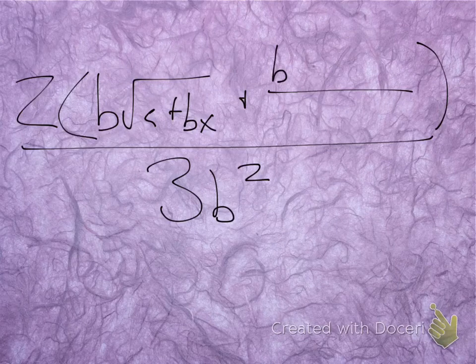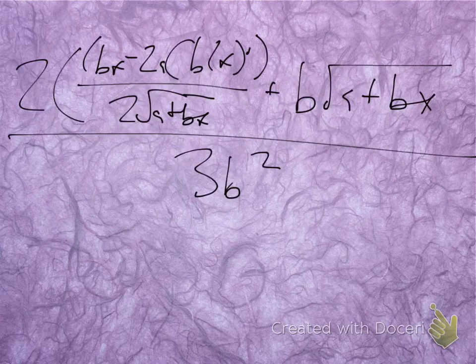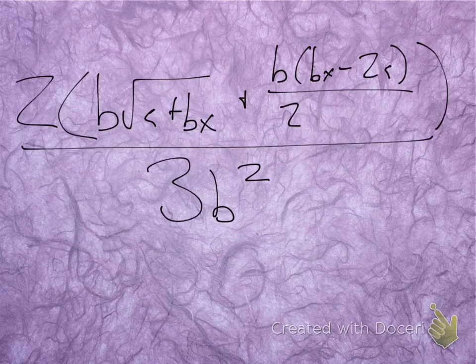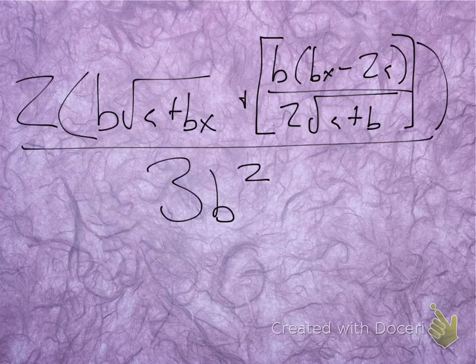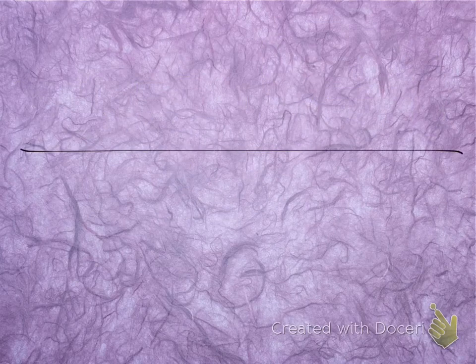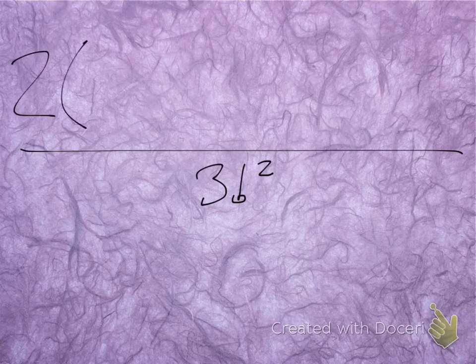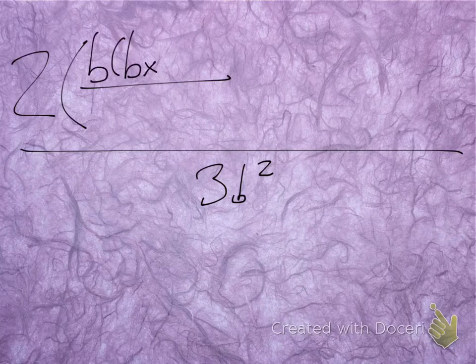So b times bx minus 2a over 2 times rad a plus bx. Whew. Okay, so that's taken care of. All over 3b squared, so let's just simplify some more. Still have our 3b squared on the bottom. Still have our 2 here. These facts remain. So b times bx minus 2a.